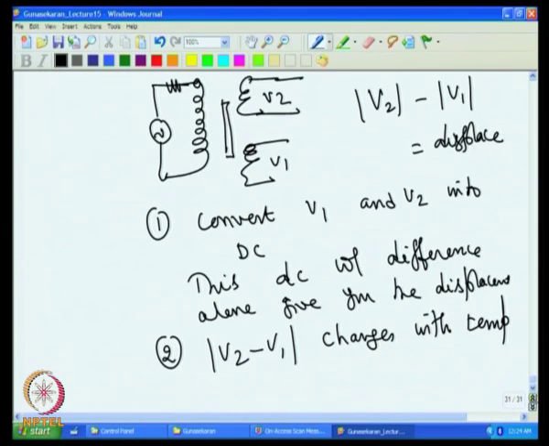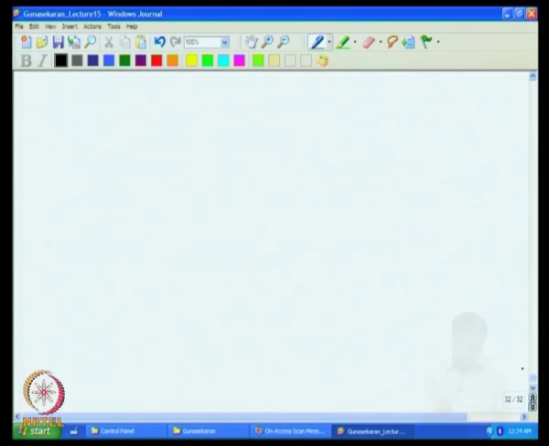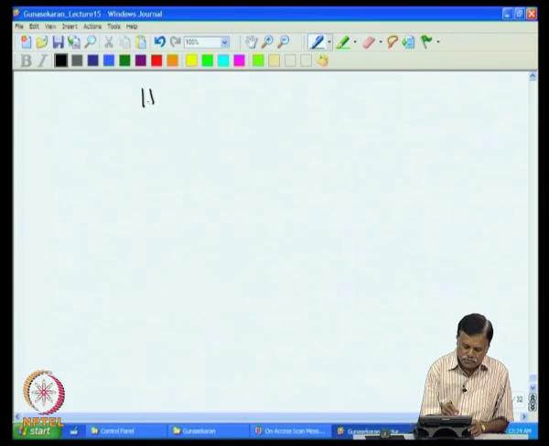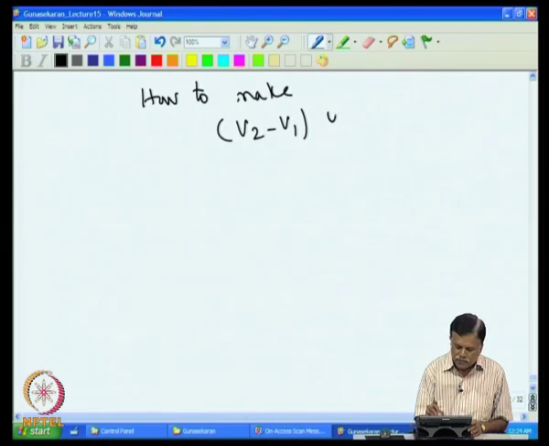So, we solve this problem first, then we see how to make V1 minus V2 DC, and then the DC voltage must drive a current source. More like a 4-20 milliampere current transmitter also needs to be built along with the LVDT. So, the first step is how to make V2 minus V1 independent of temperature.